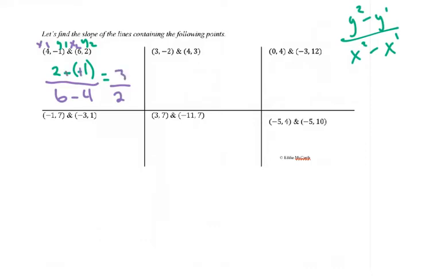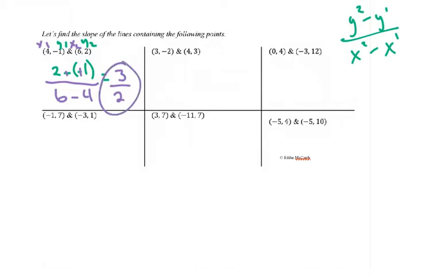And then you get 3 halves. Now, 3 halves, we would reduce that if we were doing division or something to 1 1/2. But that doesn't work in this situation. We have to leave it as 3 halves because we need a rise over a run. So we're going to leave it just like that for slope.